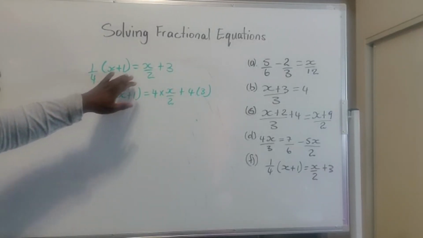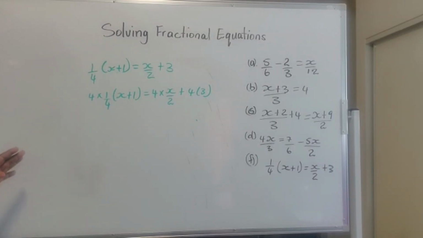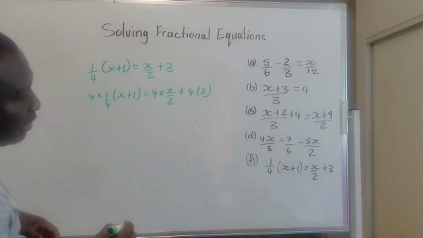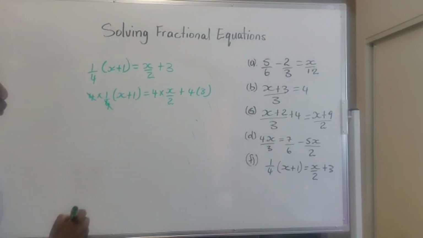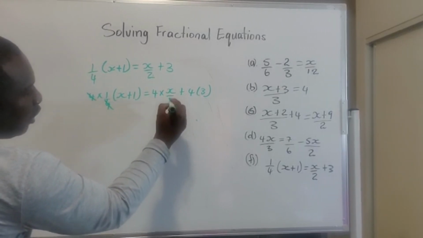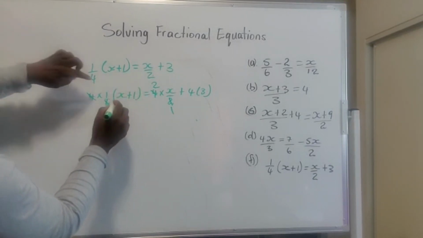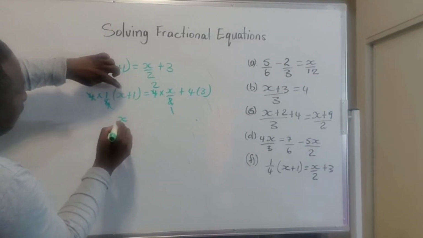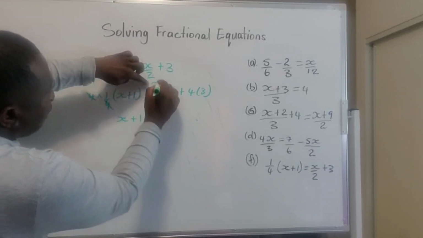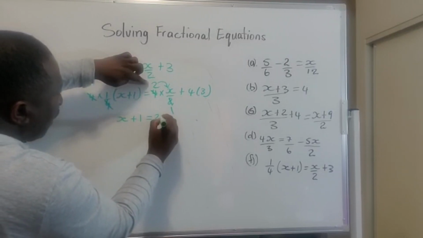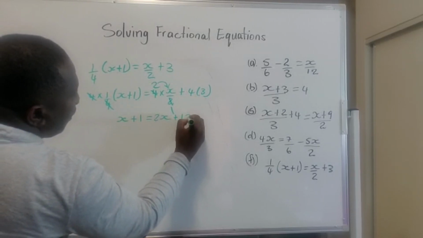So each term is being multiplied, guys, by my least common denominator, in this case being 4. 4 will cancel 4 here. 2 into 2, 1. 2 into 4, 2 times. Now we can multiply each value. 1 times x will give us x. 1 times 1 will give us a positive 1. My equal sign. 2 times x will give us 2x. Plus 4 times 3 will give us 12.